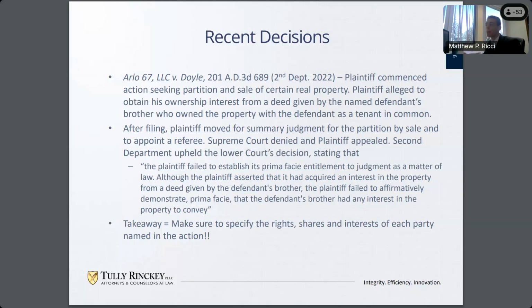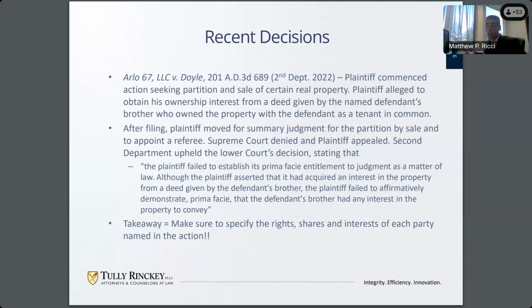The Second Department upheld the lower court's decision and stated that the plaintiff failed to establish its prima facie entitlement to judgment as a matter of law, although the plaintiff asserted that it had acquired an interest in the property from a deed given by the defendant's brother. The plaintiff failed to affirmatively demonstrate a prima facie showing that the defendant's brother had any interest in the property to convey.